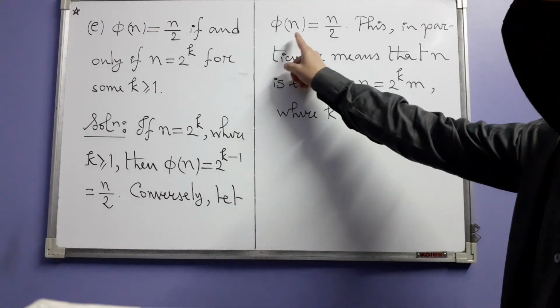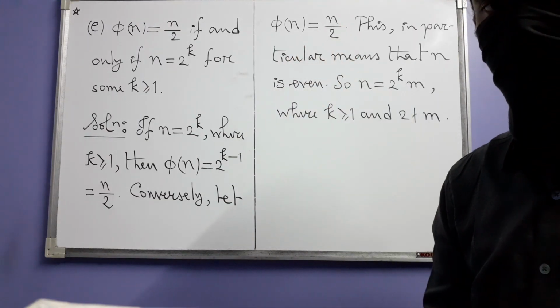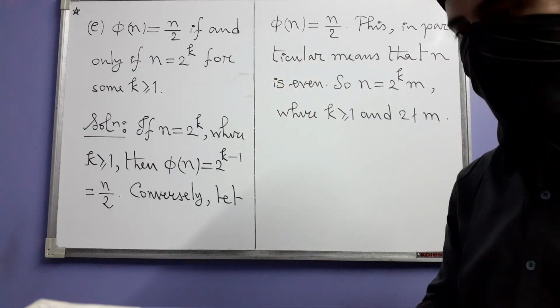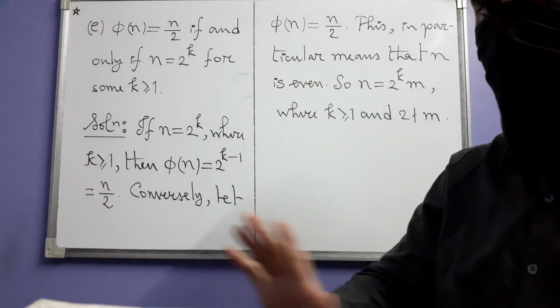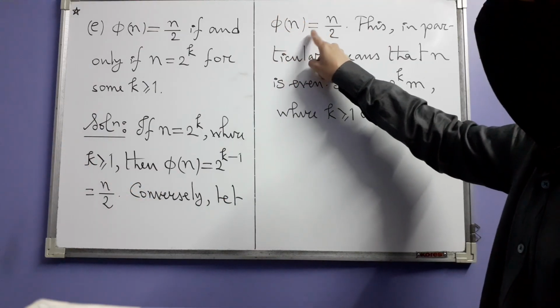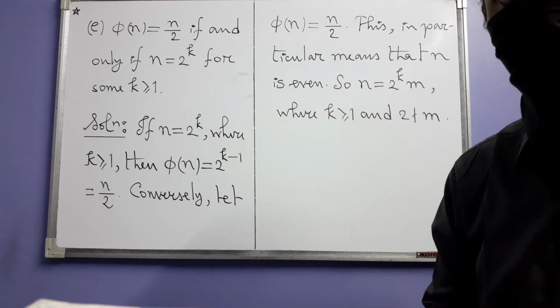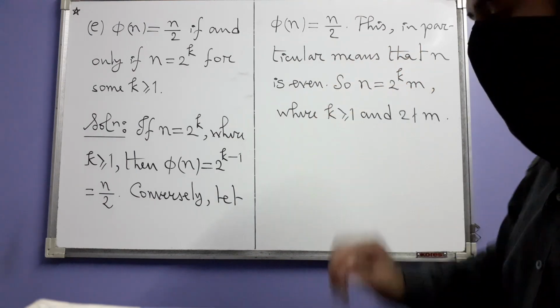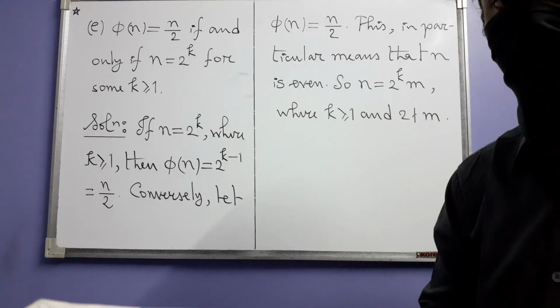Conversely, let phi of n be equal to n divided by 2. Now because phi of n by definition is the number of integers satisfying so and so conditions, this is an integer, so the right hand side must also be an integer. So that's why in particular this means that n is an even number.